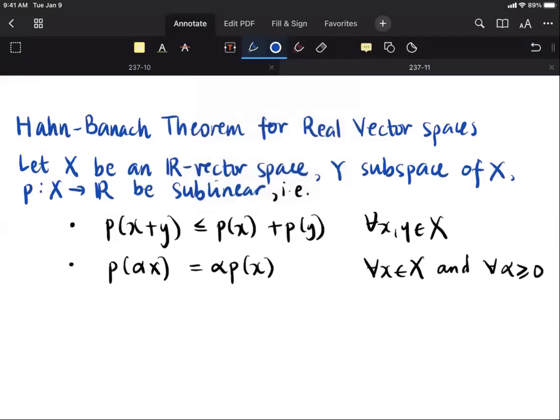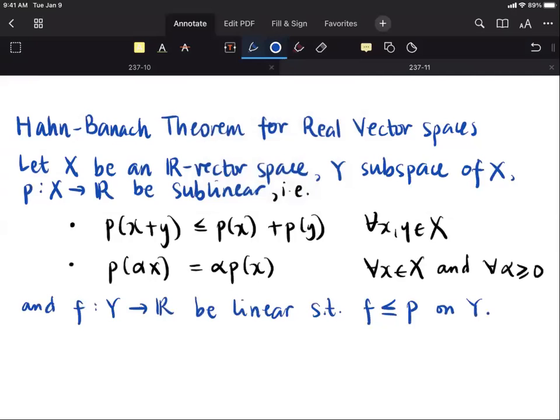And finally, let us consider a linear form f defined on the subspace Y, wherein this linear form is less or equal to p on the subspace Y.